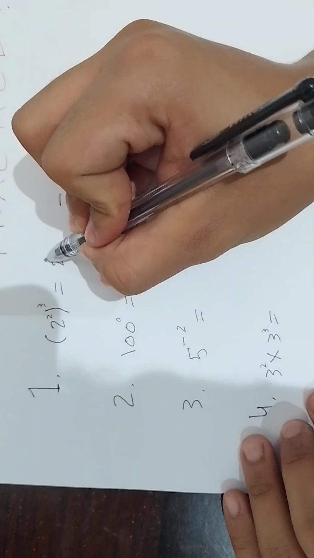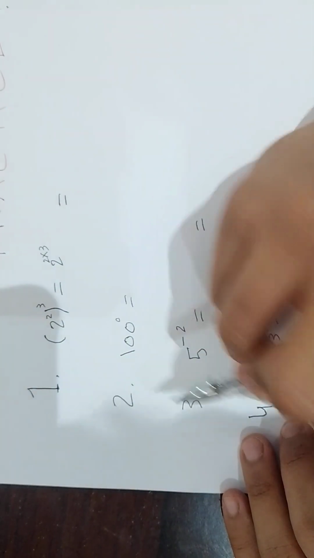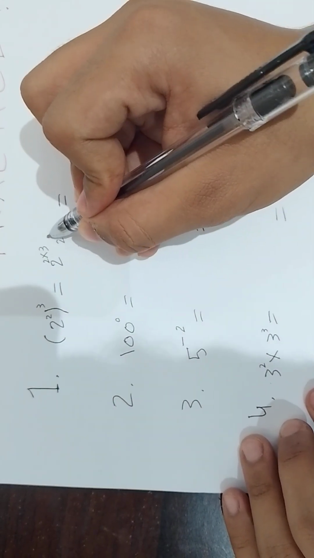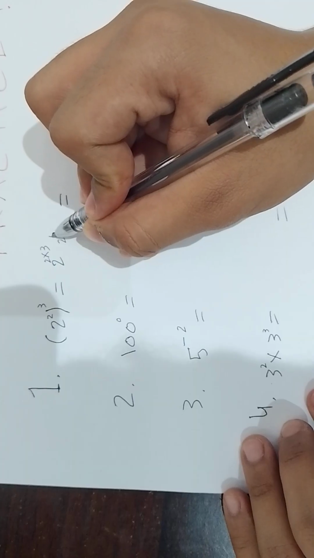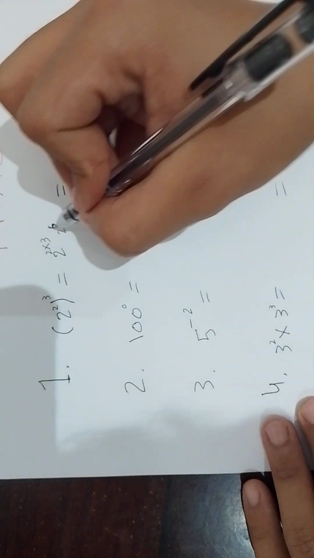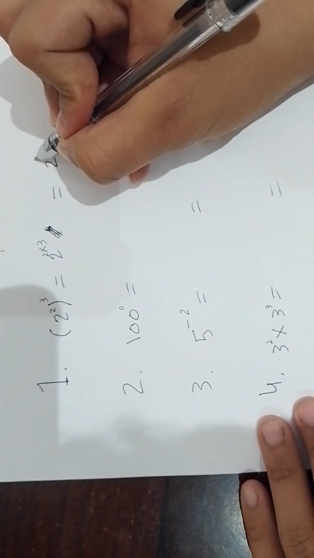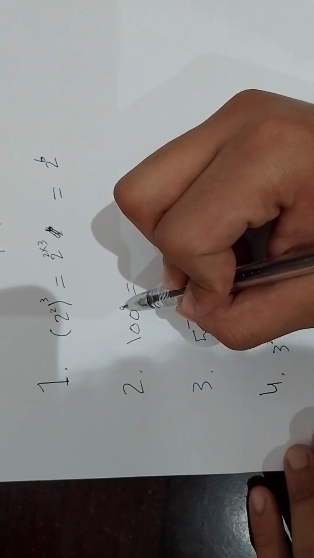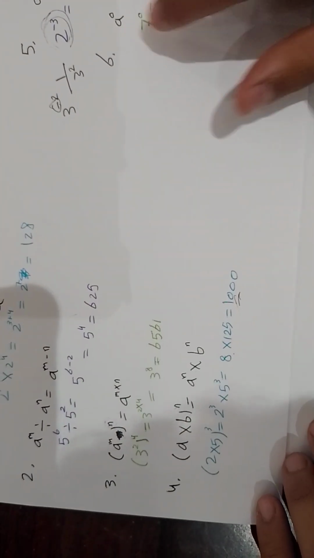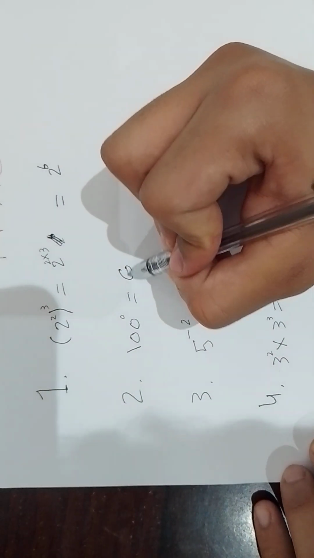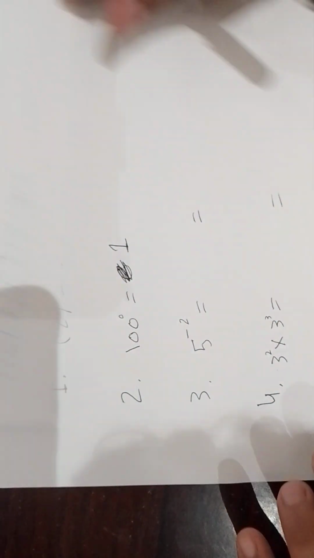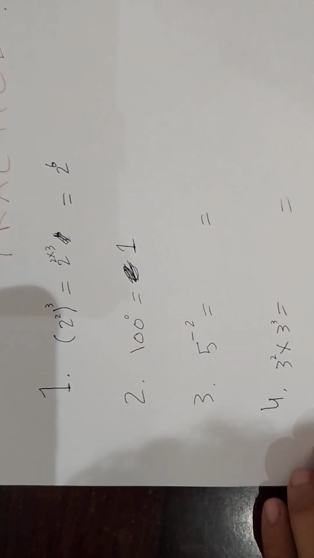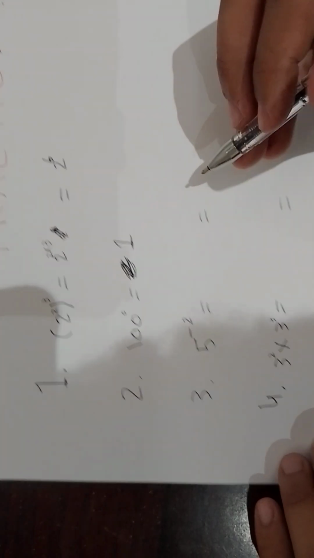So it would be 2 to the 2 times 3, which is 2 to the 6, which is 64. Okay, here 100 to the power of 0 says every number raised by 0 is 0, sorry, it's 1. Every number raised by 0 is 1.